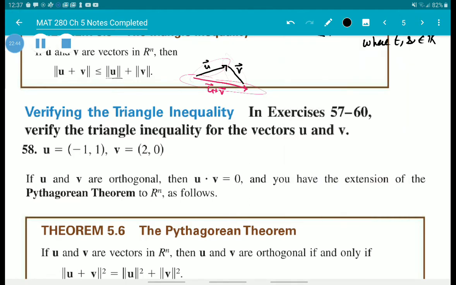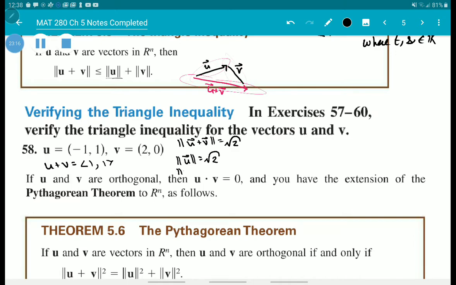So let's just verify that in number 58. We have vector -1, 1 and vector 2, 0. If I find u plus v and add those two vectors together, I'm going to get the vector 1, 1. So the magnitude of u plus v would be the square root of 2. The magnitude of u would be the square root of 2.